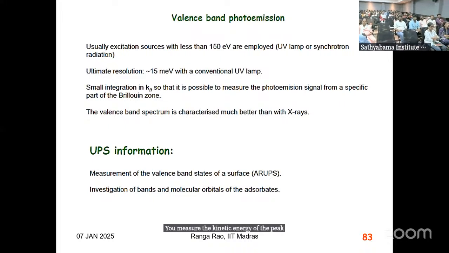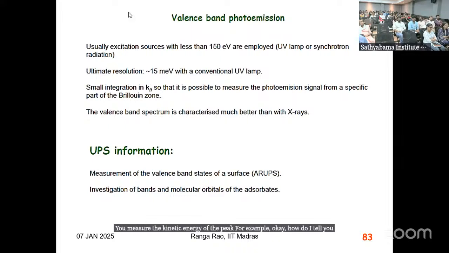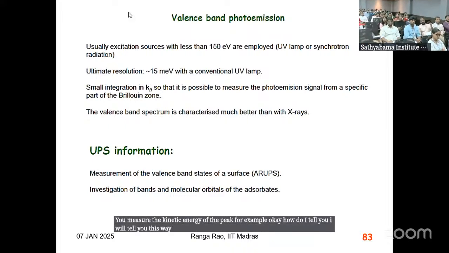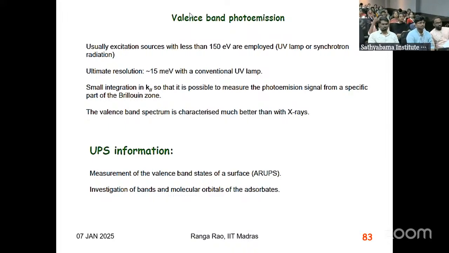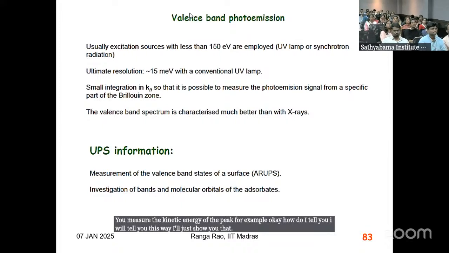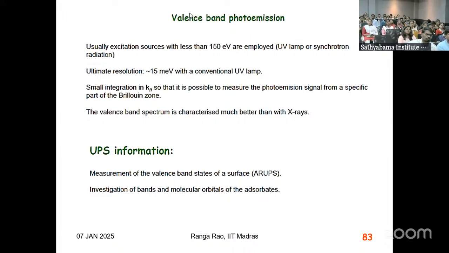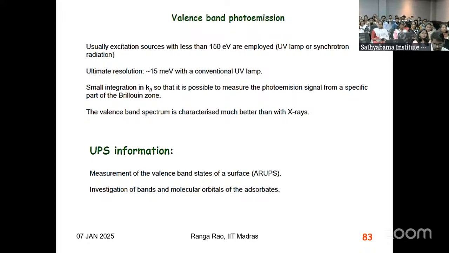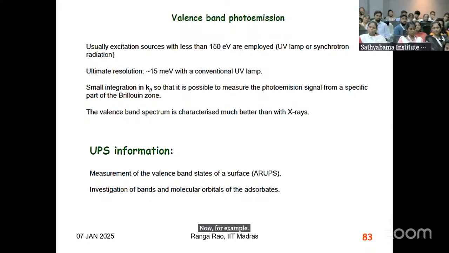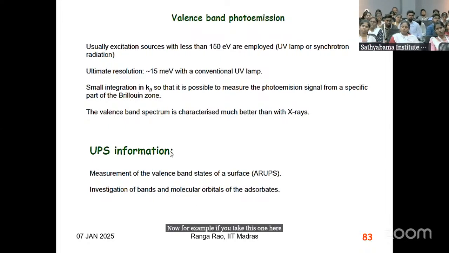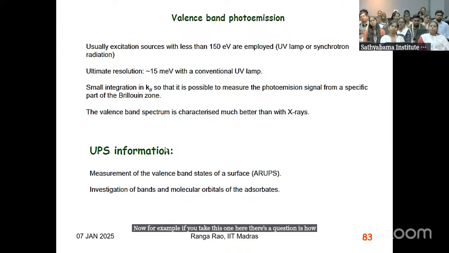For example, okay, how do I tell you? I will tell you this way. I'll just show you that. Now, for example, if you take this one here, the question is how do you measure the binding energy?